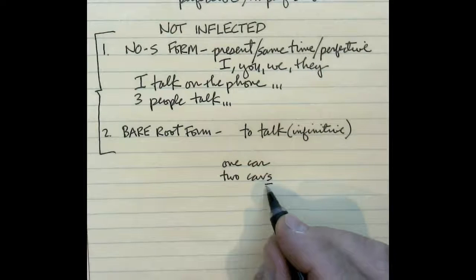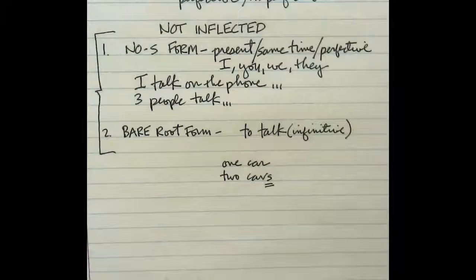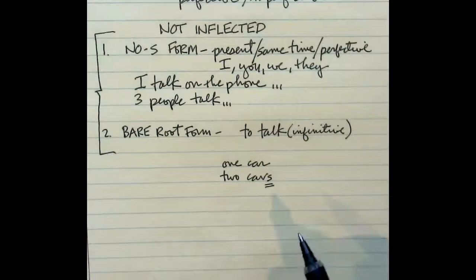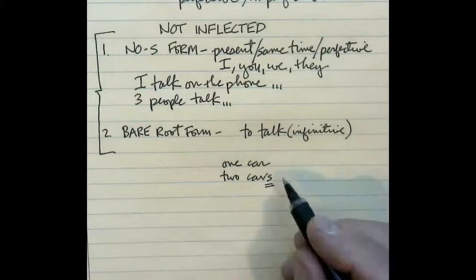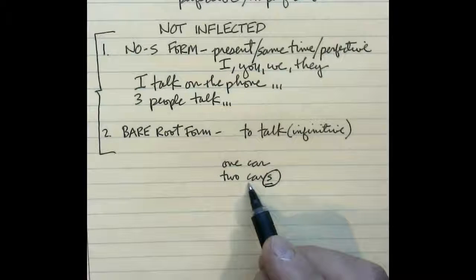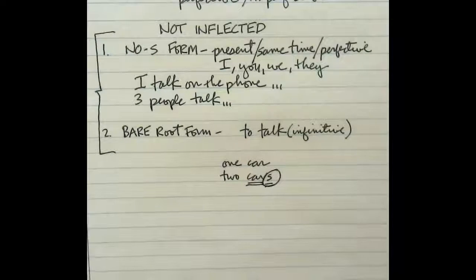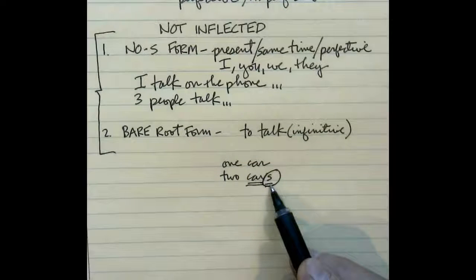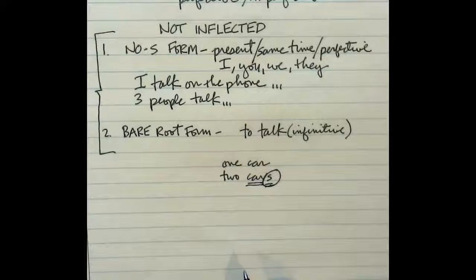The S that I've added on cars is called an inflection because it shows the grammatical role that this has in changing this word from singular to plural. That's called an inflection. It's strictly a grammatical job that this piece we add on does for us.